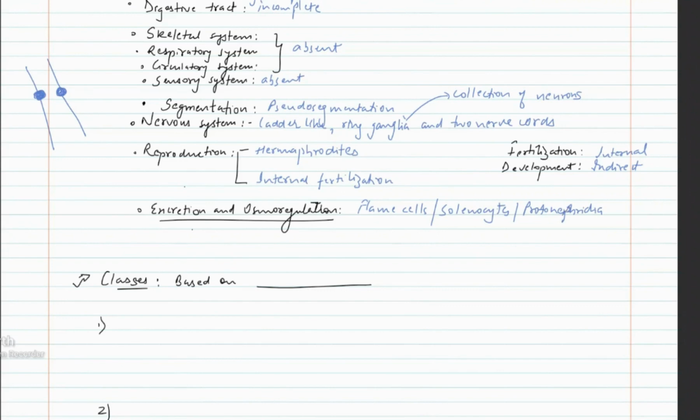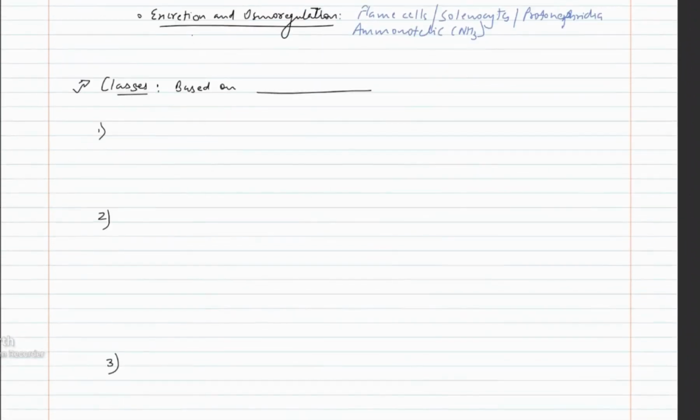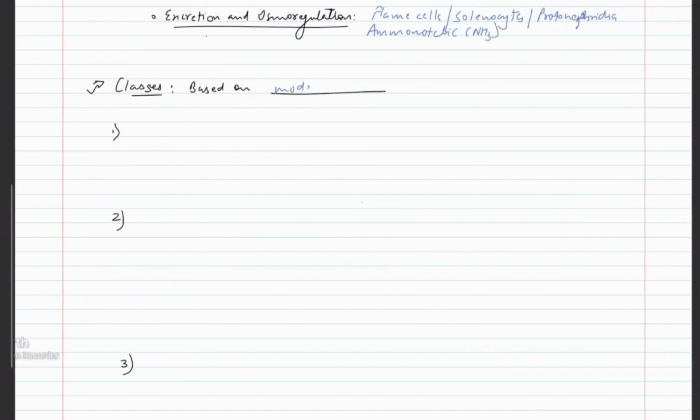If you see an organism in which there is a presence of protonephridia, we can certainly say that this organism belongs to phylum Platyhelminthes. Mode of excretion is mostly ammonotelic, that is, they excrete out ammonia dissolved in water, which is known as an ammonotelic mode of excretion.